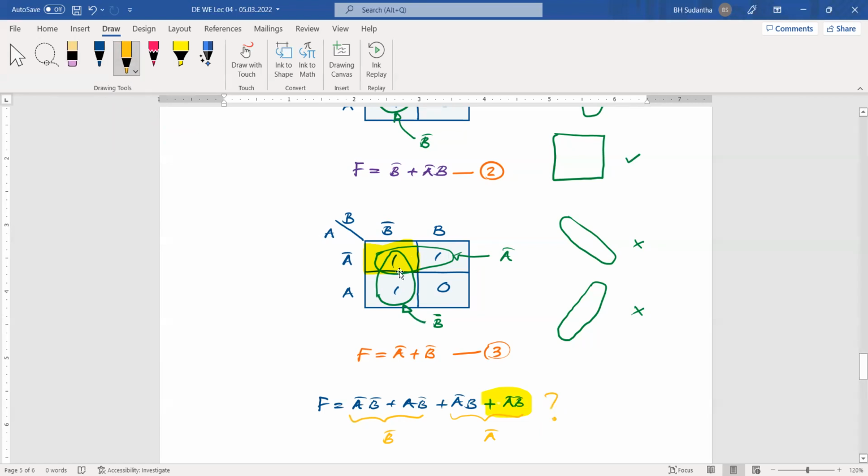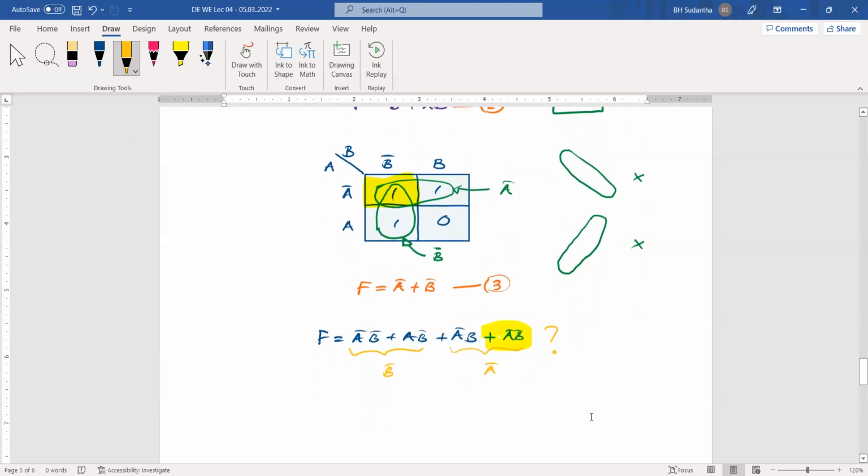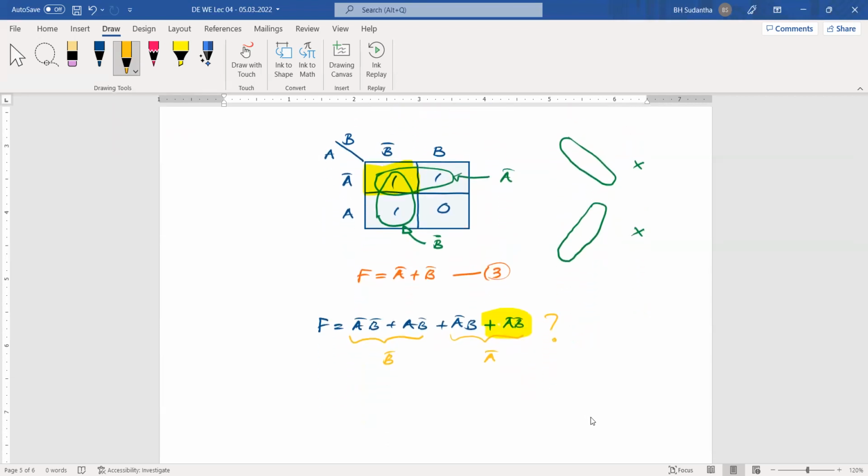Do you remember those logic identities? In logic identities, what is A plus A? It's A. What if we write A plus A plus A plus A? Again, it's A. Then if you have AB plus AB, what is that? It's AB.